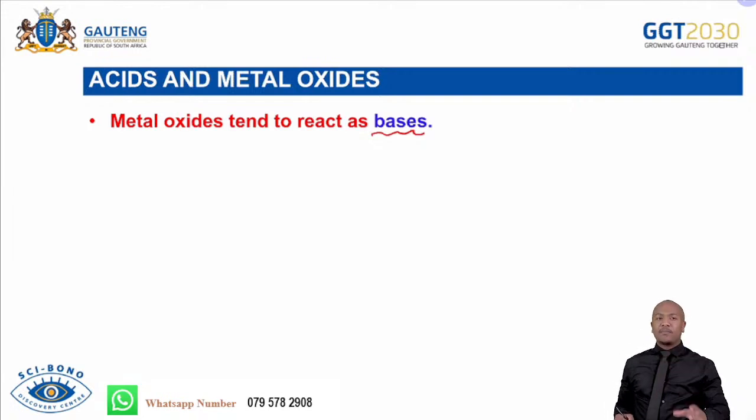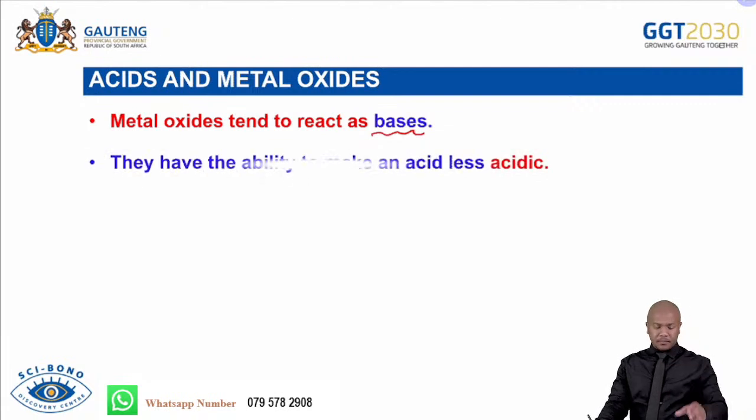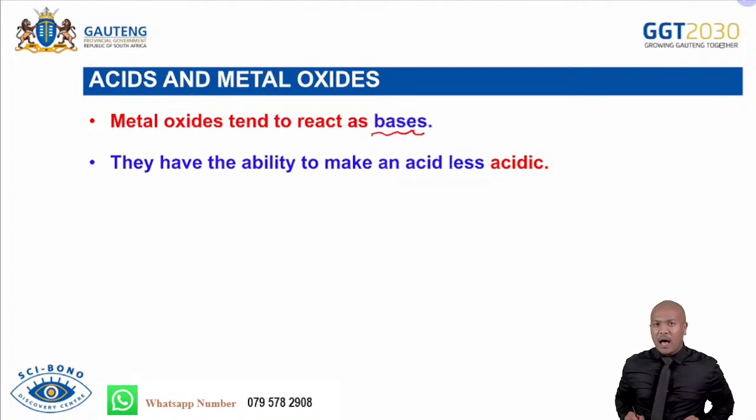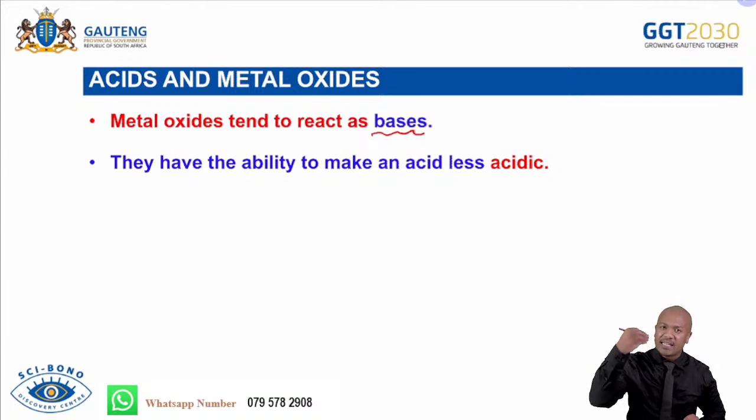So it means what? When metal oxides tend to act or react as bases, they are reacting with acids in this case, right? What does it mean? It means they have the ability to make an acid less acidic. So it means what? They are neutralizing the acid. They are making the acid to be less acidic.